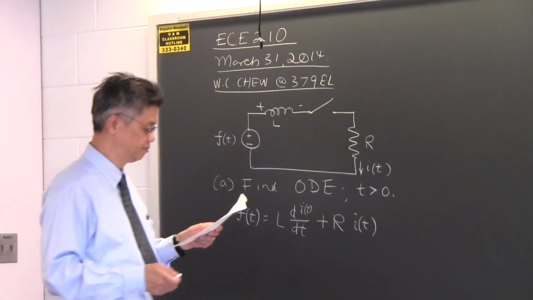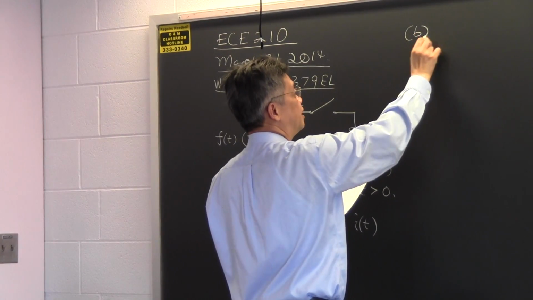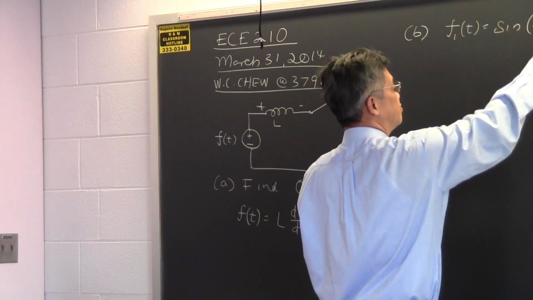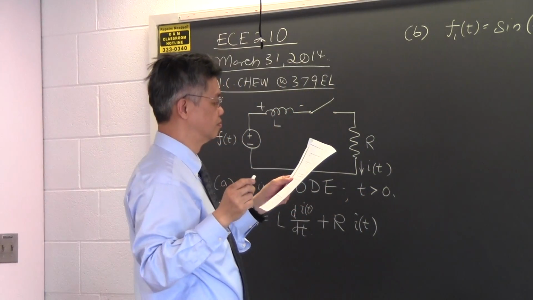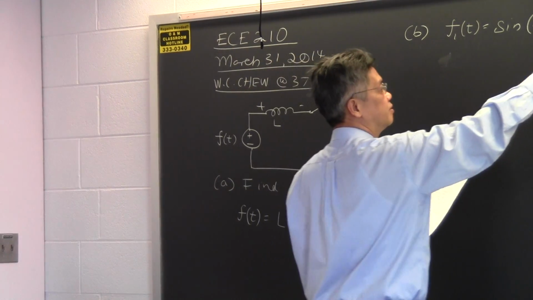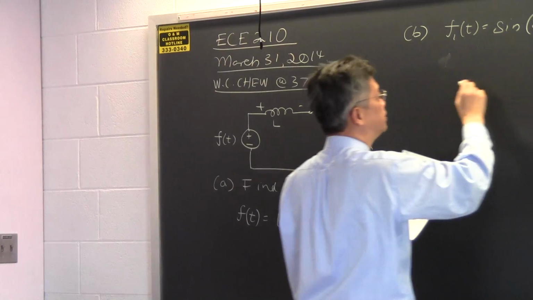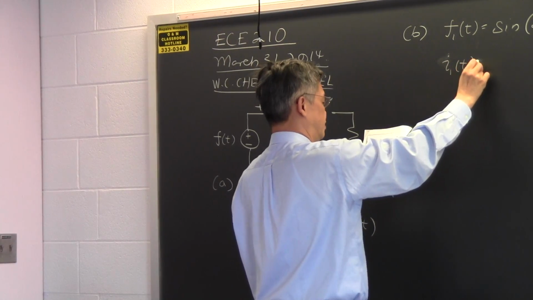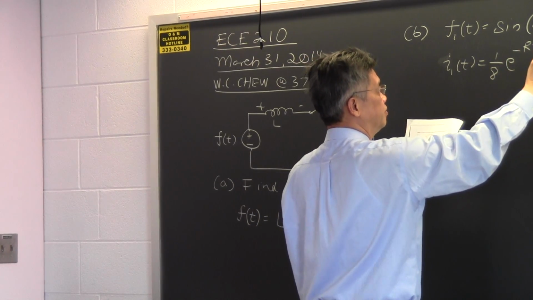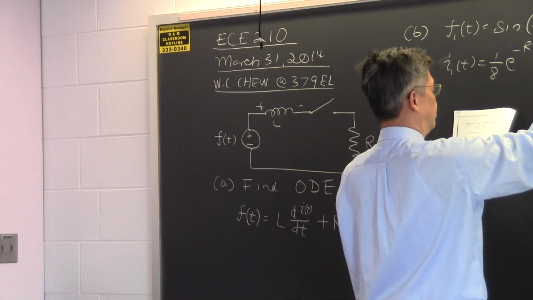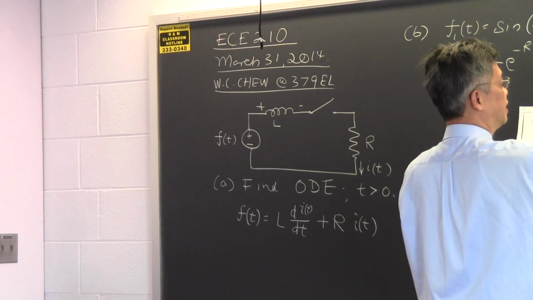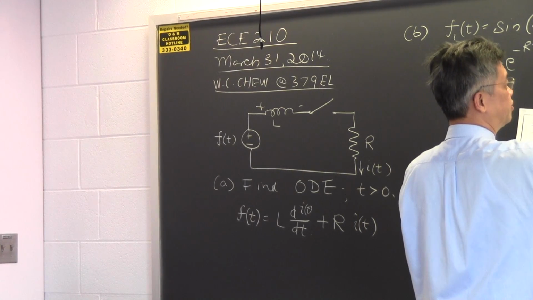And then part C says that f1(t) is equal to sine of 2t. This is the input. The output, i1(t), is given to be 1/8 e^(-Rt/2) plus root 2 over 8 cosine of (omega t minus 3 pi over 4).